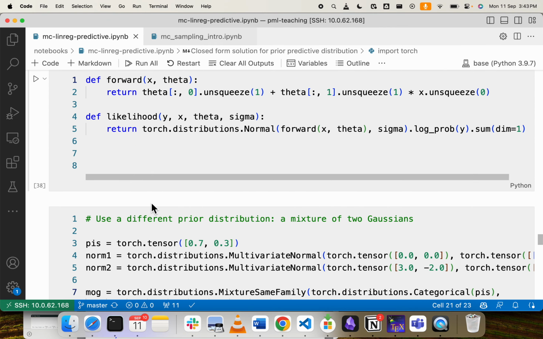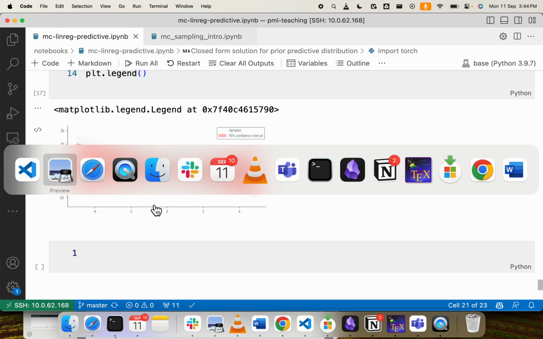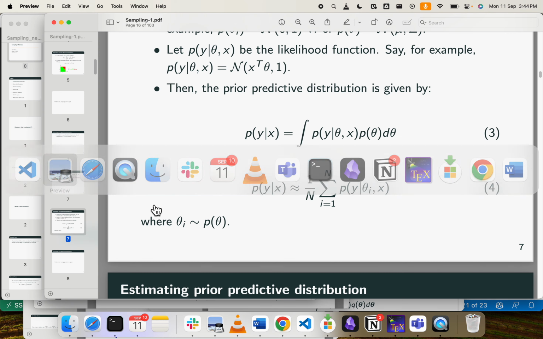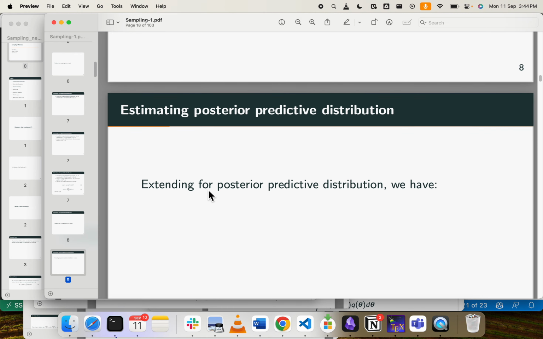So the mean here is not y equal to 0. Similar to the way we have obtained the prior predictive, we can also obtain the posterior predictive. The only change that we need to make is, instead of using p of theta, we'll have to choose p of theta given D.